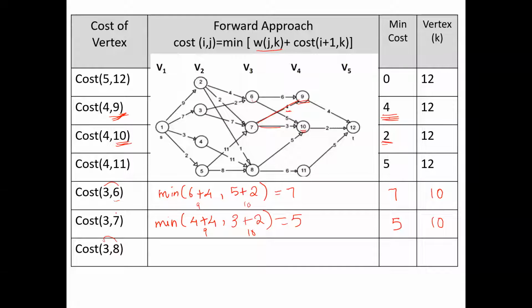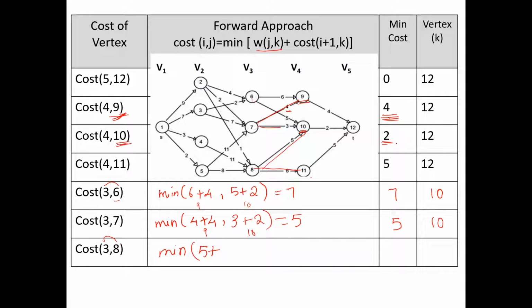Now the next line, we are going to calculate the cost of vertex 8 in stage 3. From vertex 8 also we have two edges. One is towards 10, the other one is towards 11, right? So we are going to find the minimum of these two, min of, this edge, what is the weight of this edge? 5 plus what is the cost of the vertex 10?